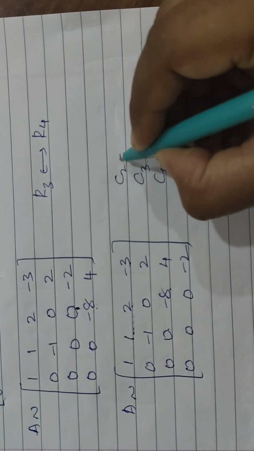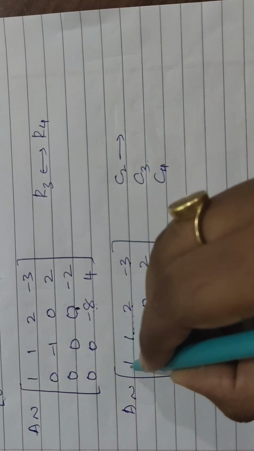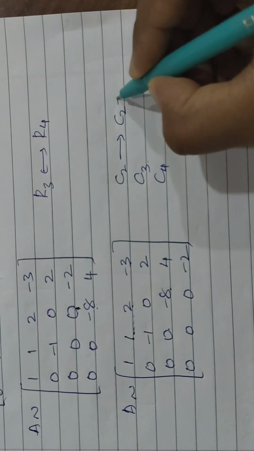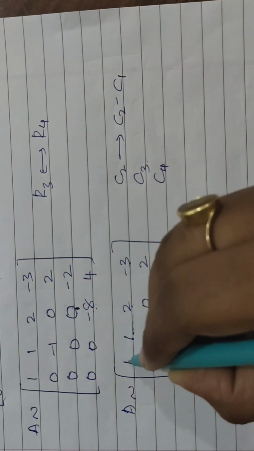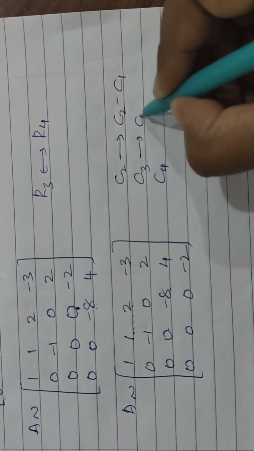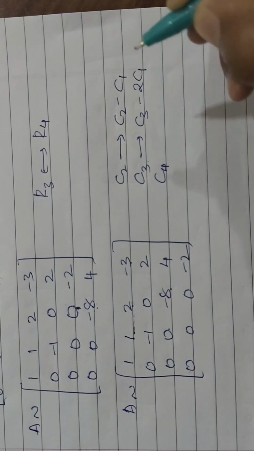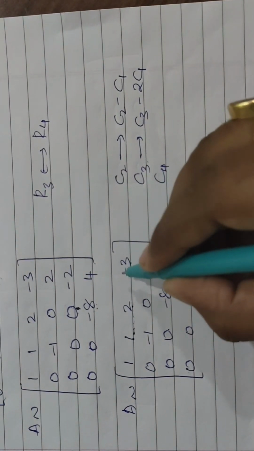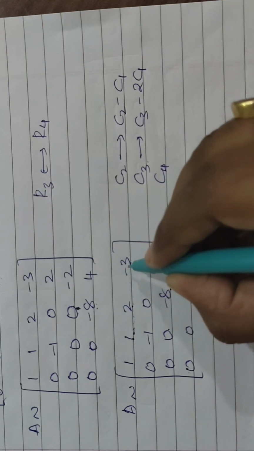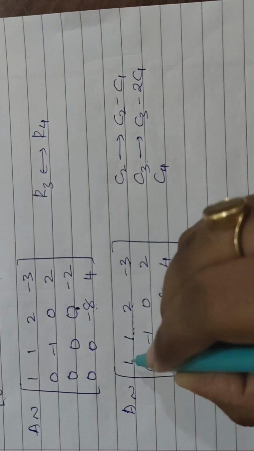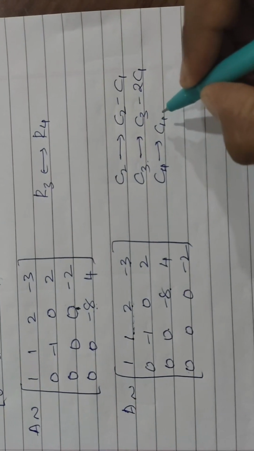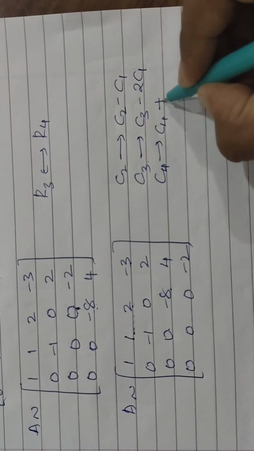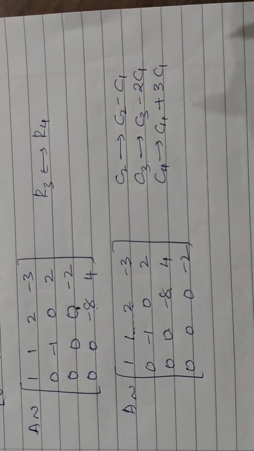C2 is changing to C2 minus C1, and C3 is changing to C3 minus 2 into C1. And C4 is changing to, see here we are having minus 3, so it is plus 3 into C1. So C4 changing to C4 plus 3 into C1.